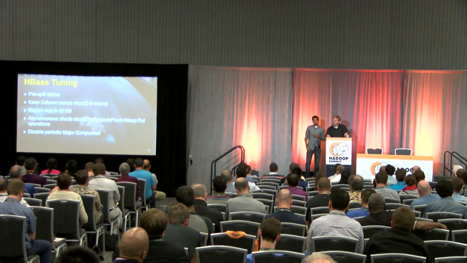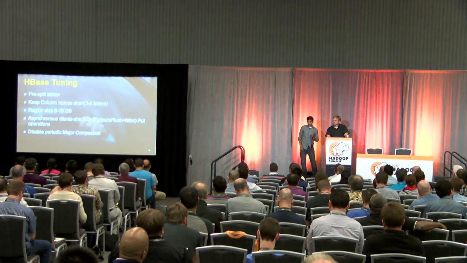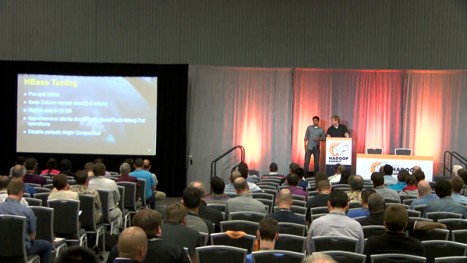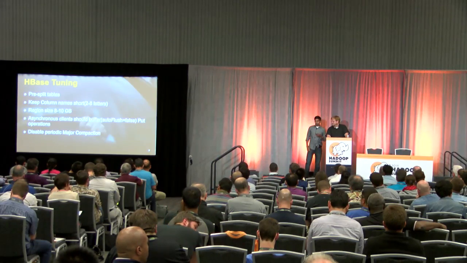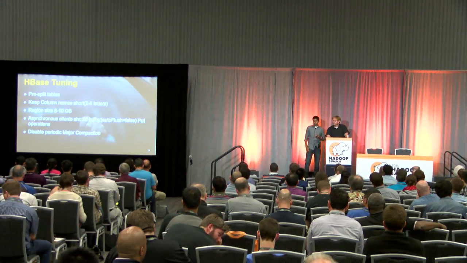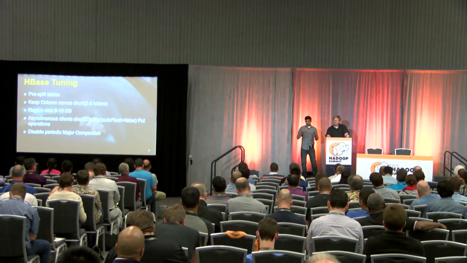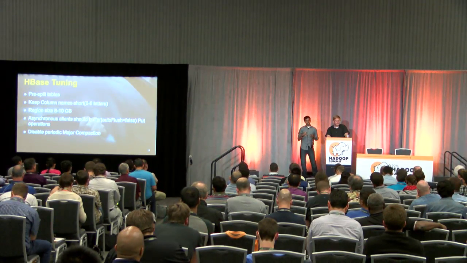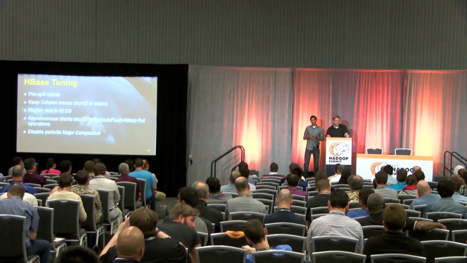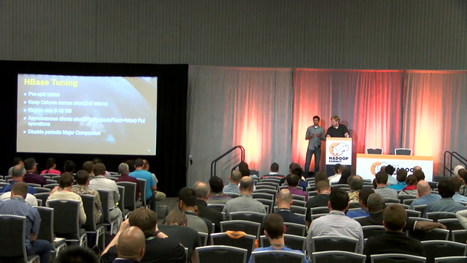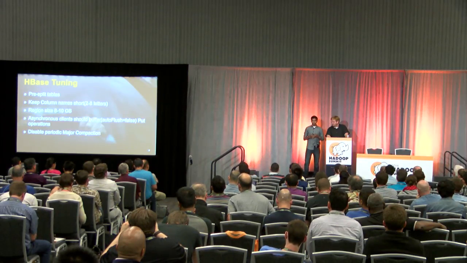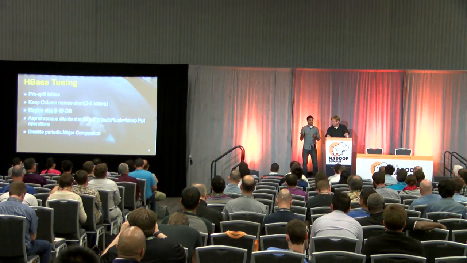If possible, to optimize the writes on the client side, we can do client-side buffering, where we say auto flush is equal to false. What it does when you start submitting puts on the HBase client side, it will start doing client-side buffering, and it will not do an RPC call across the network.